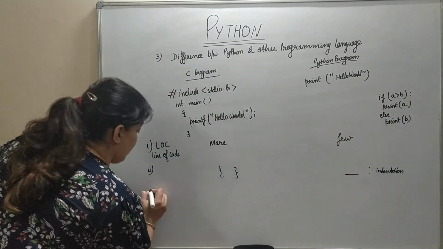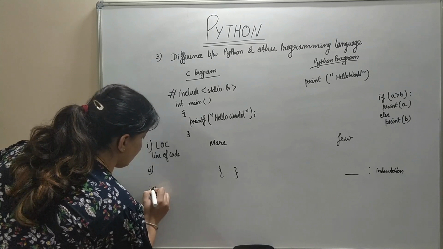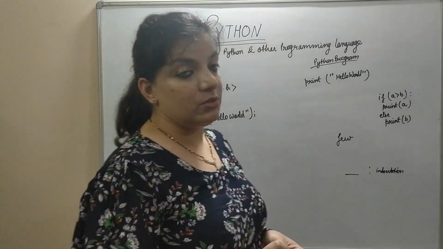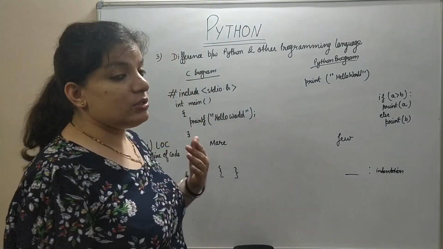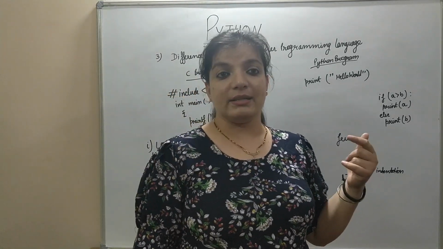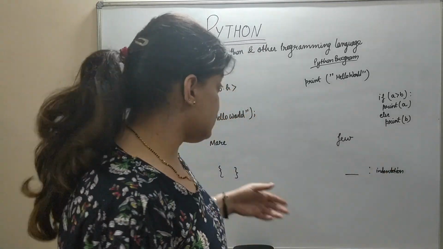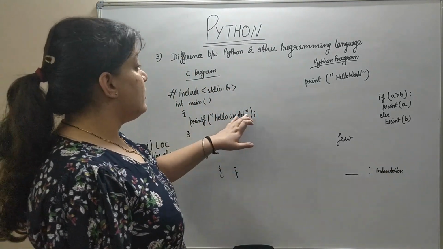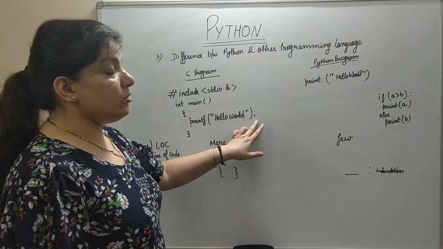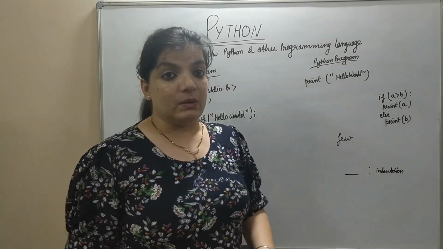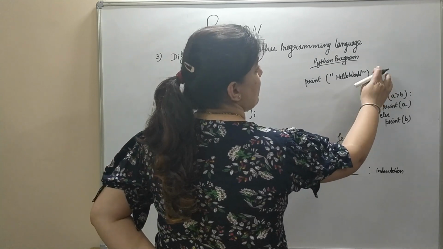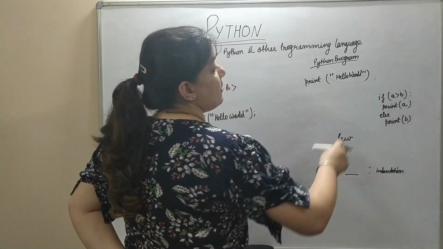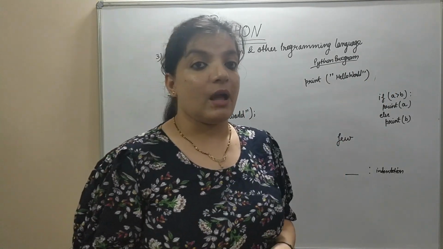Now the third difference is one I have already discussed in my first tutorial. Every line of code in C language or in Java language, that is compiler based programming language, within the function must end with a semicolon. But in this Python program, if we write a semicolon here, it will not result in any output.